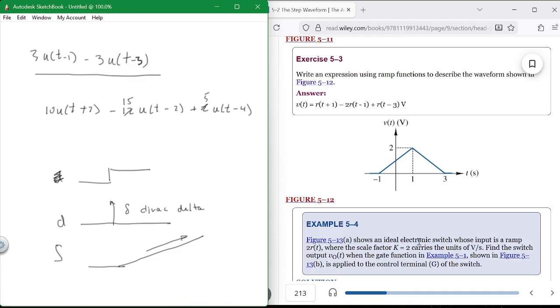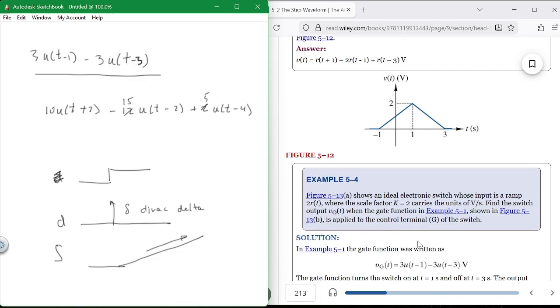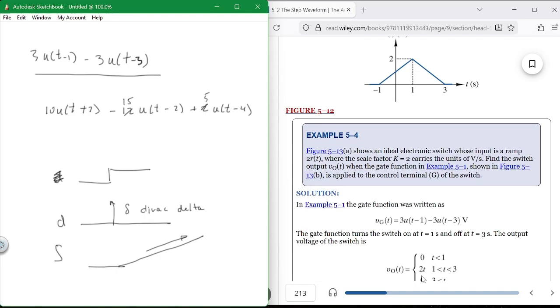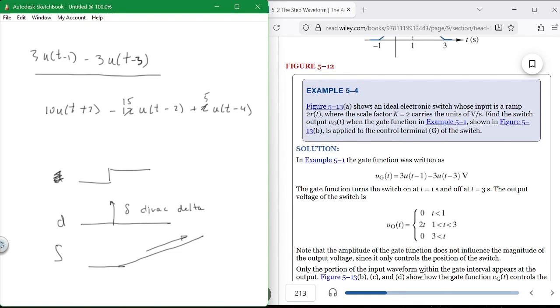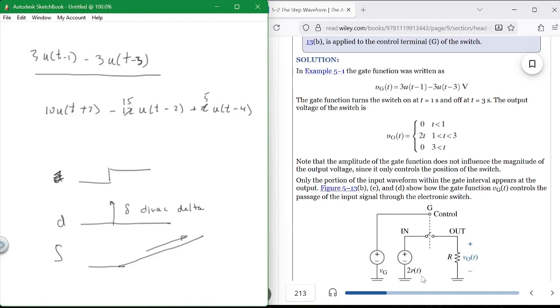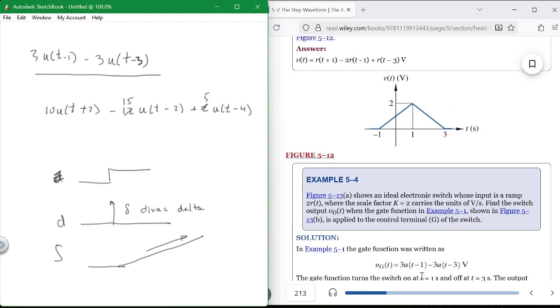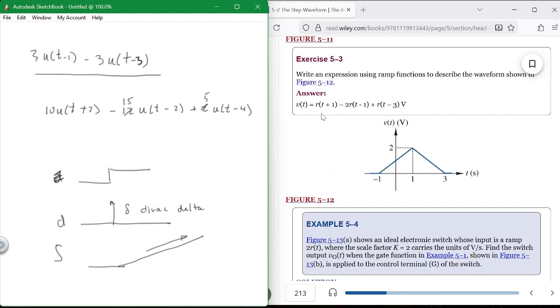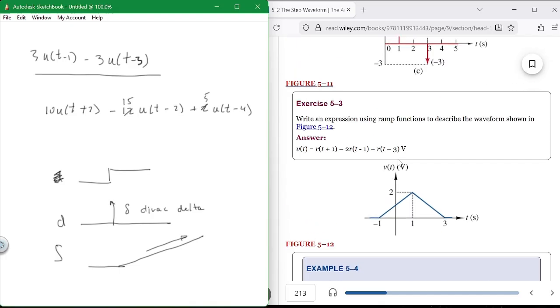Write an expression using ramp functions to describe the waveform shown in this figure. Okay, so here is my original signal. Here's an expression using ramp functions to describe the waveform shown.